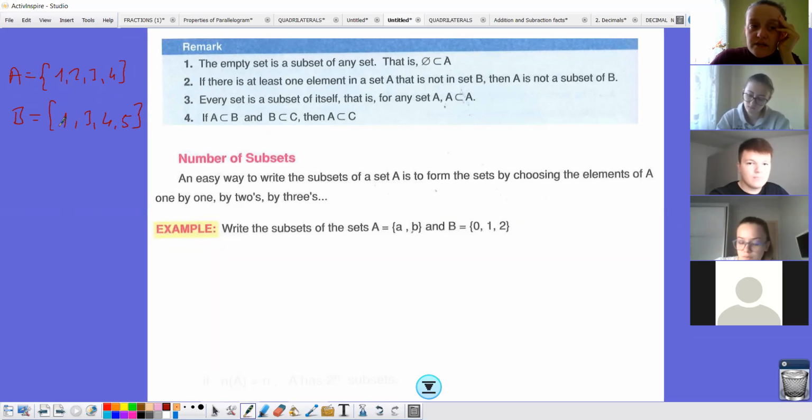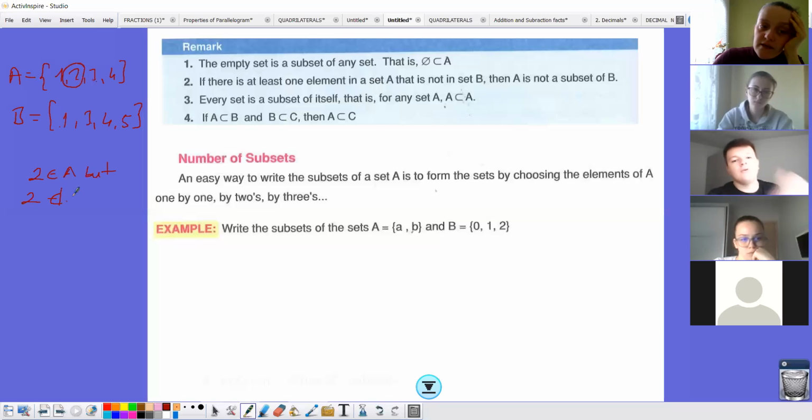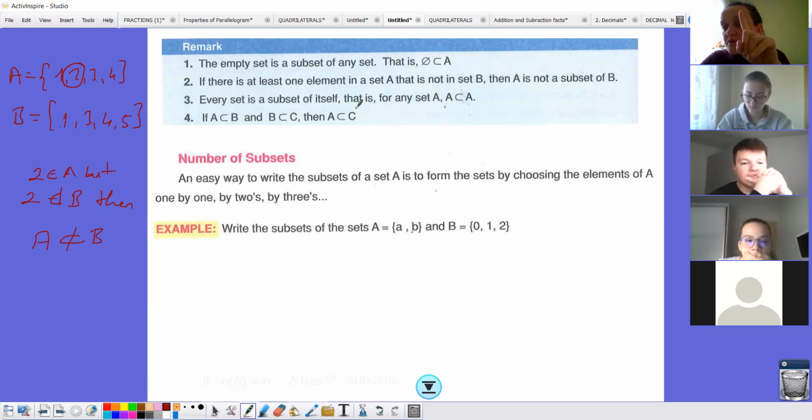Look, I have 1 in A and 1 in B, 3 in A and 3 in B, 4 in A and 4 in B, but 2 is an element of A and 2 is not an element of B. Then A is not a subset of B. One element is enough for us to say that it is not a subset.